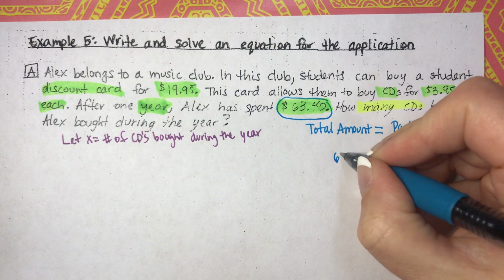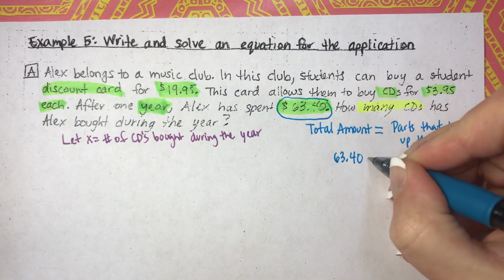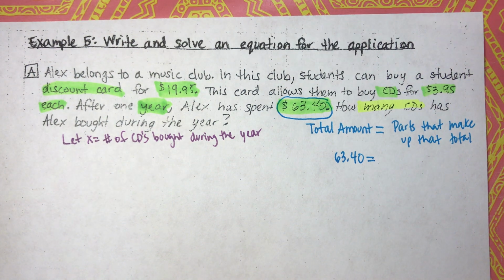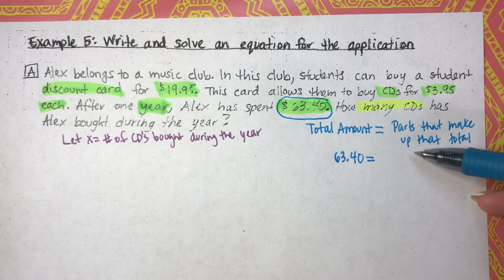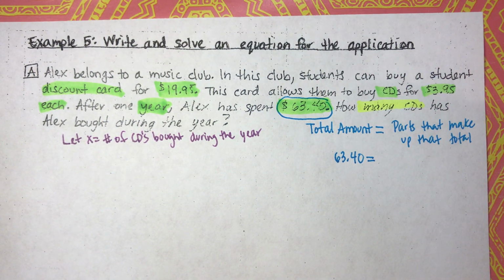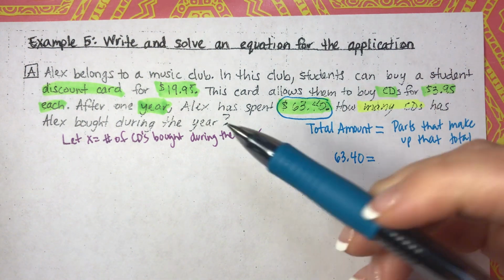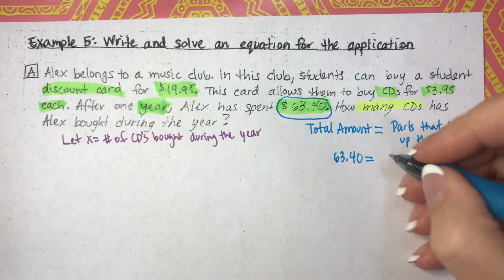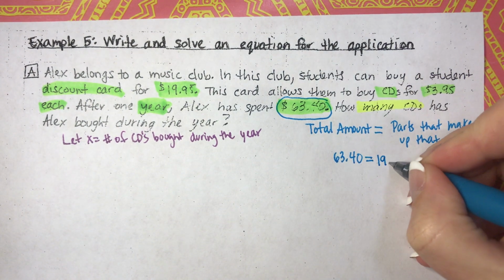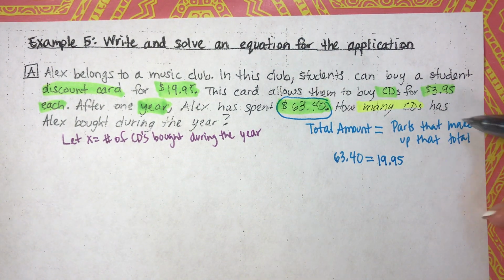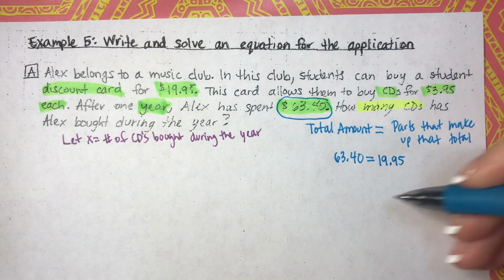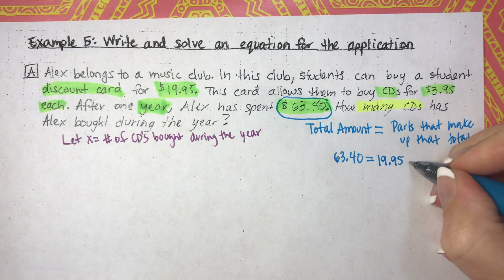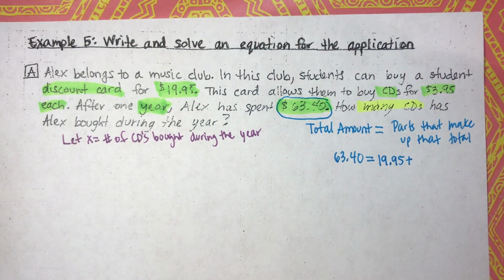So that means that 63.40 is going to equal the parts, right? So now what are the parts? What did he spend to make up that $63.40? Well, he paid $19.95 for a discount card, so that's a part. And then you just add up all the parts. That's one part, and it's not $63.40, so we know we have to add something else to it.